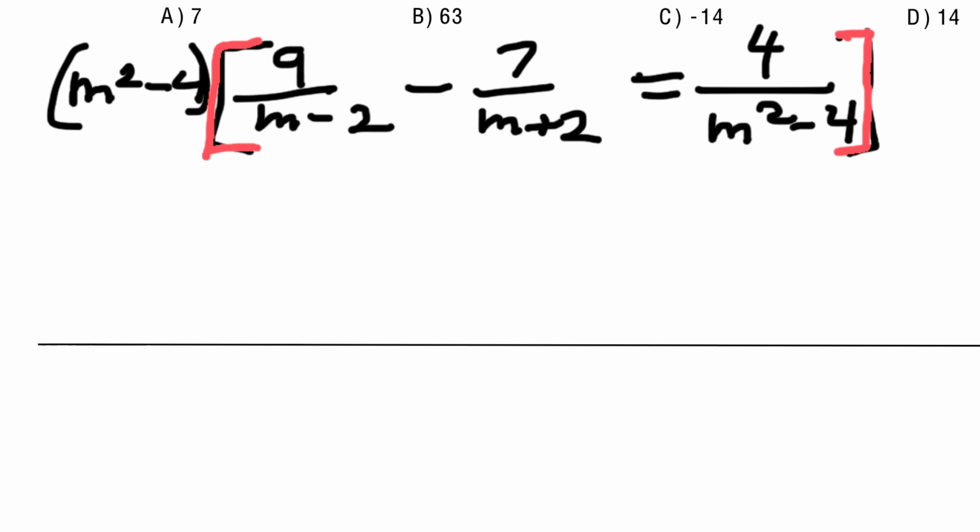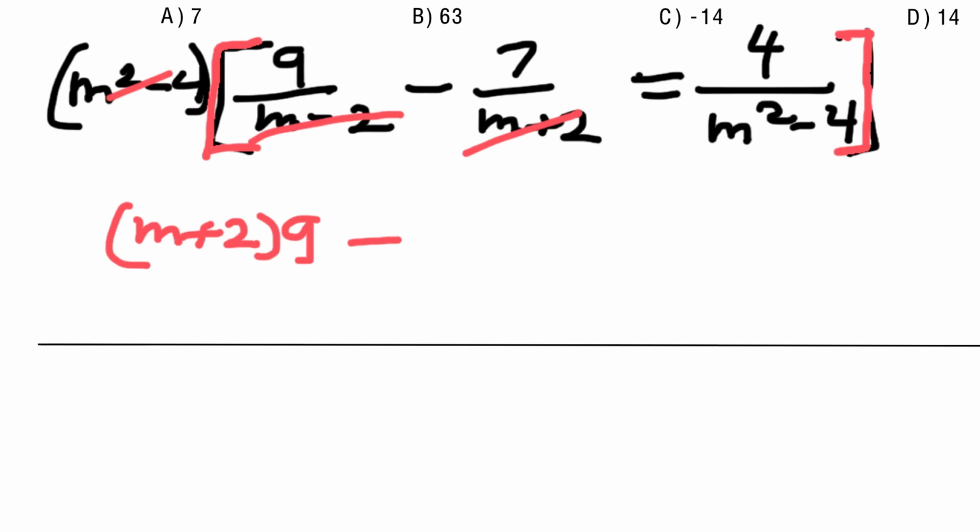Okay, so we multiply m squared minus 4 times 9 over m minus 2. And that makes this cancel out into that. What that leaves us on top is m plus 2 times 9. In the second one, dividing m plus 2 into m squared minus 4 leaves us with m minus 2 times 7.